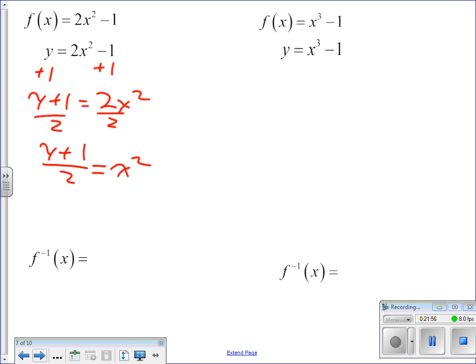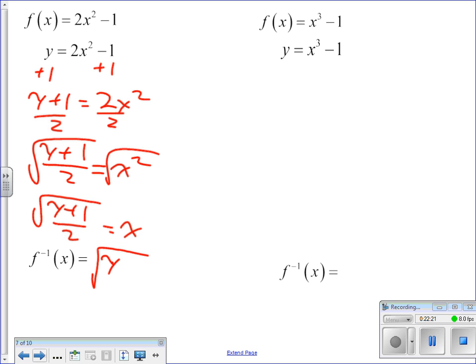Square rooting is the inverse of squaring. Square root both sides. So I get the square root of y plus 1 over 2 equals x. So my inverse function is the square root of x plus 1 over 2.